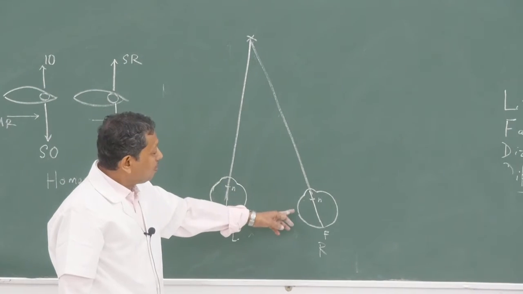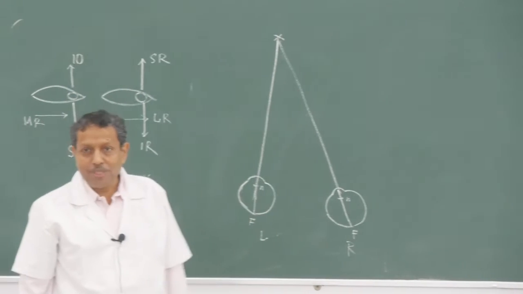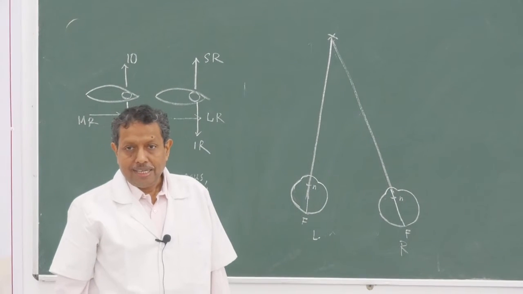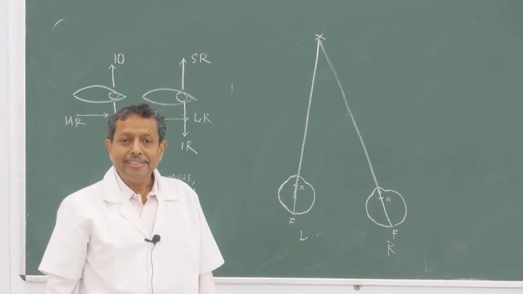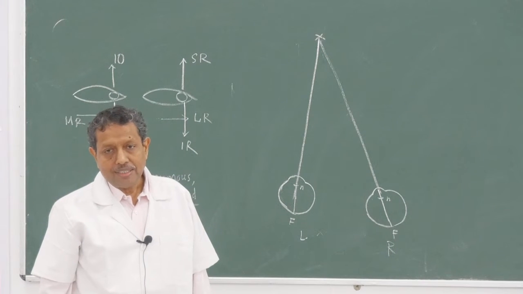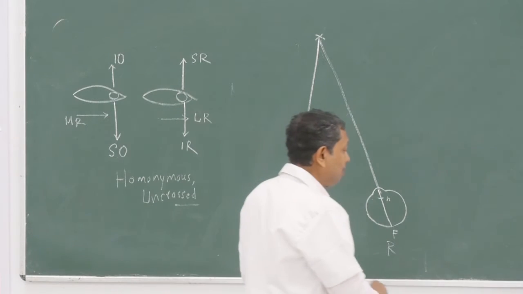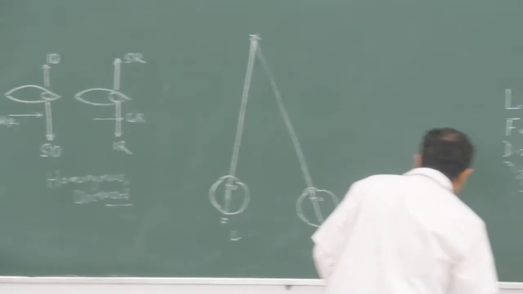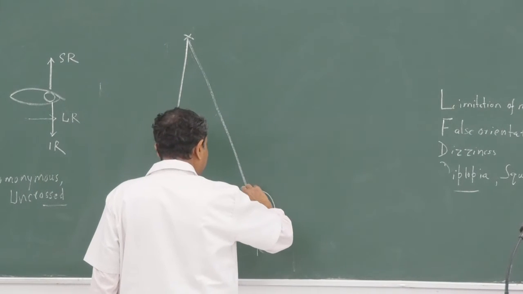Now, if there is paralysis of the right lateral rectus, then the eye will be deviated to some extent medially by the medial rectus and other adductor muscles. Then what occurs? Not nystagmus, it is another thing.